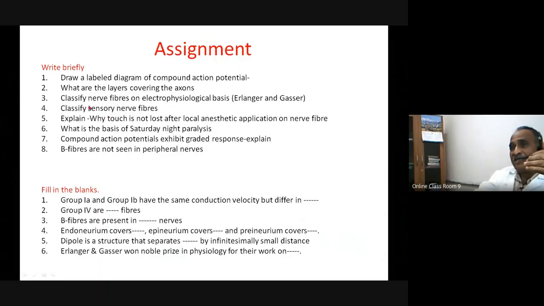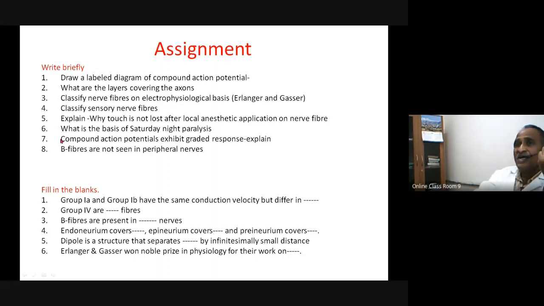Classify the sensory nerve fibers. Now you try to look into the Lloyd and Hunter classification. Now, explain the following. Why is touch not lost after local anesthetic application on nerve fiber? You explain. Then, what is the basis of Saturday night paralysis?